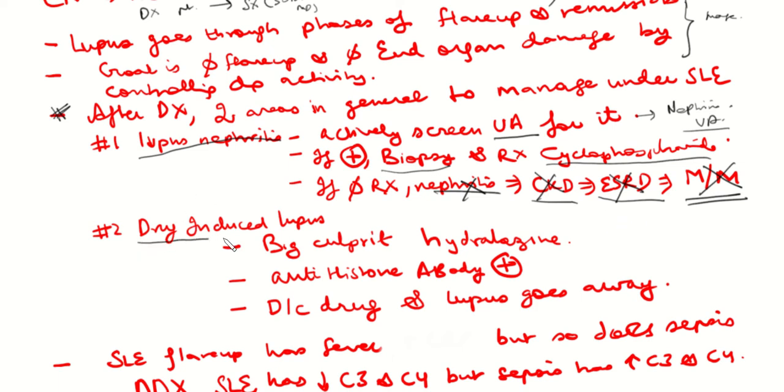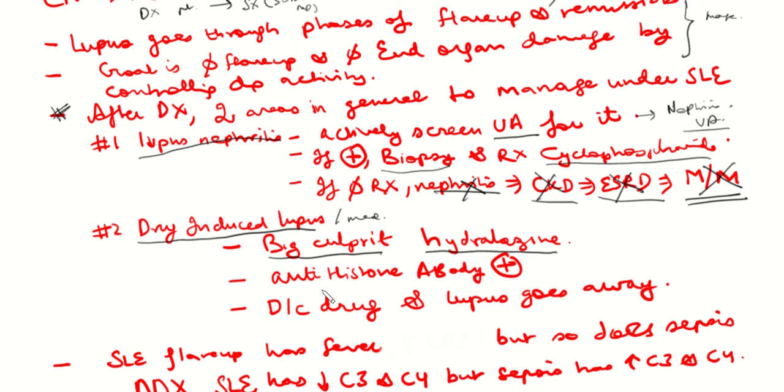The other thing at the time of diagnosis is to see if they've got drug-induced lupus. If the lupus is related to a medication we are giving them, well, if we discontinue the medication, the lupus goes away. Beautiful. So how do we know? Well, generally it's one of those big culprit medications that causes lupus. The biggest one is hydralazine.